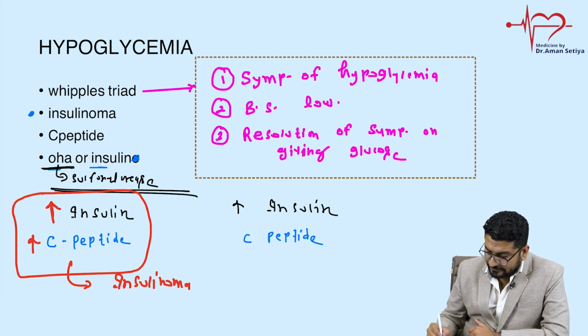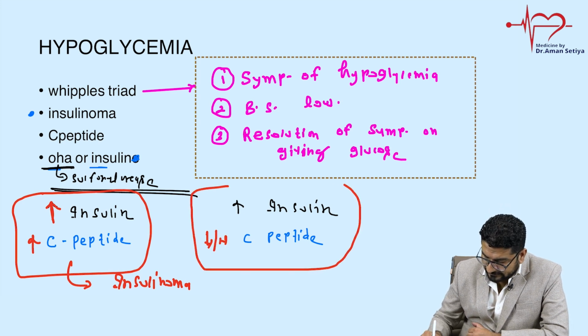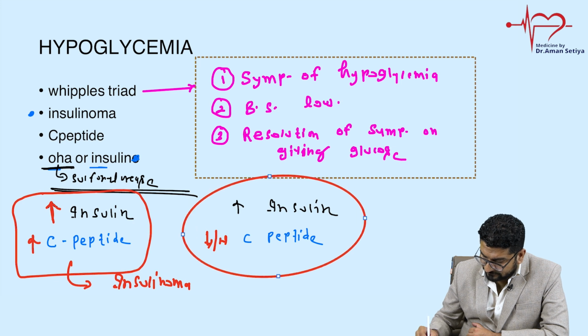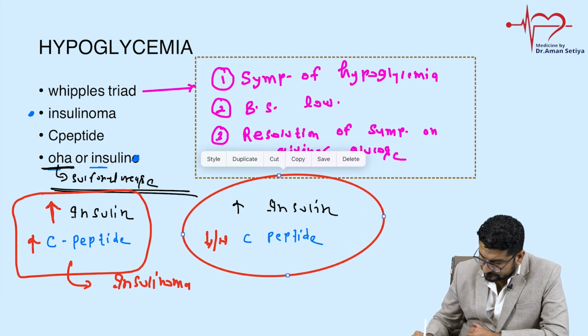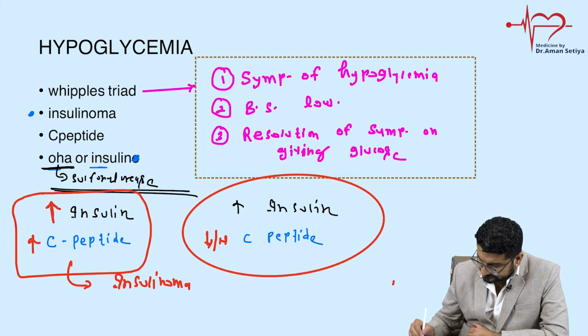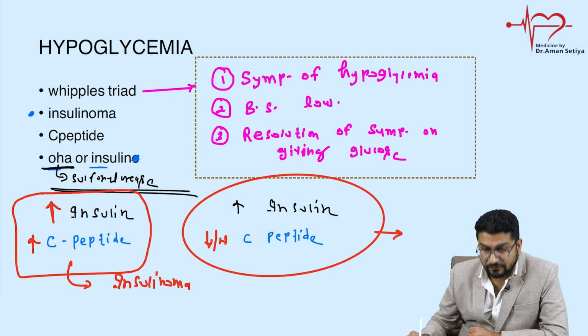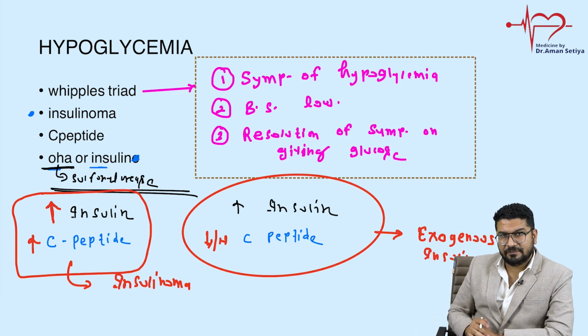But if only insulin is more and C-peptide is decreased or normal, it means the body is not releasing insulin; you have taken insulin from outside. This is a case of exogenous insulin. So this is what you have to remember about hypoglycemia.